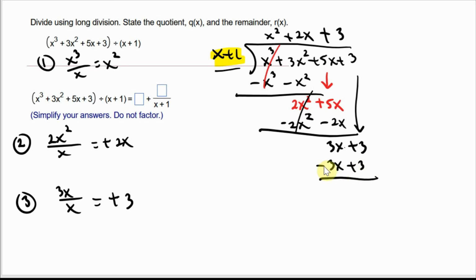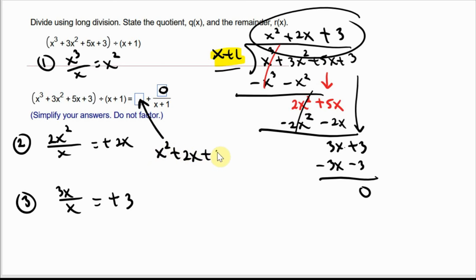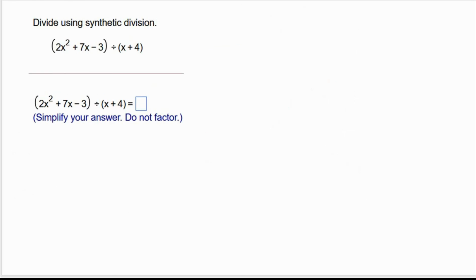Draw a line, subtract. We get remainder 0. So remainder 0, and then the term that goes there is what we have here. And so that's x squared plus 2x plus 3. All right.